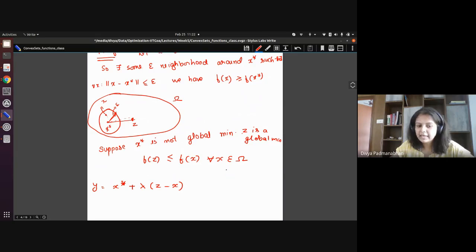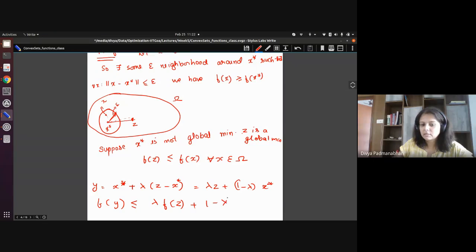Now, by convexity, y is lambda z plus 1 minus lambda x star, so f of y is going to be at most lambda times f of z plus 1 minus lambda times f of x star.